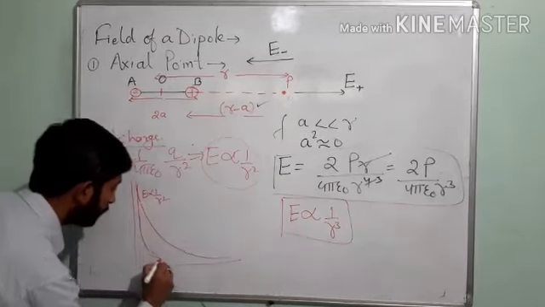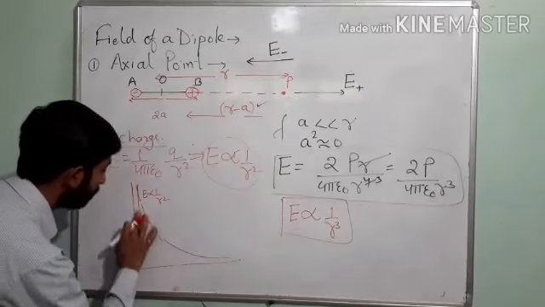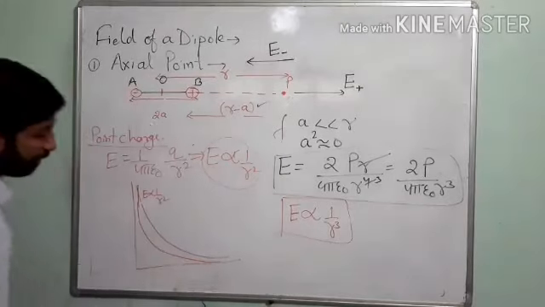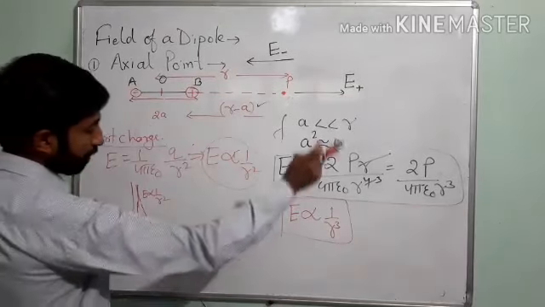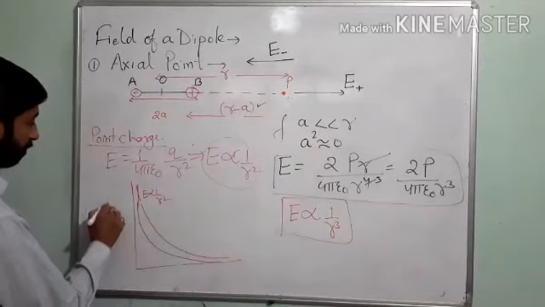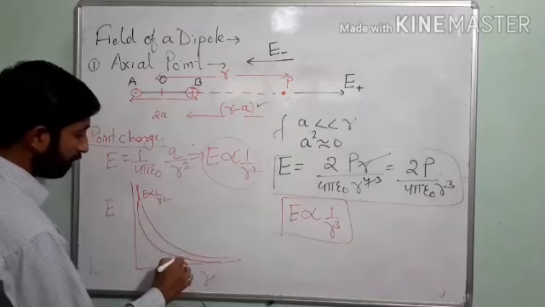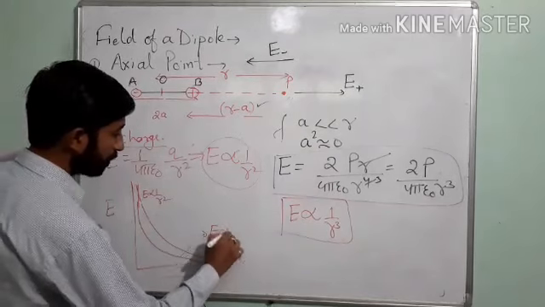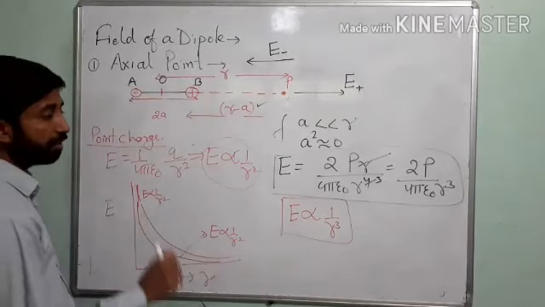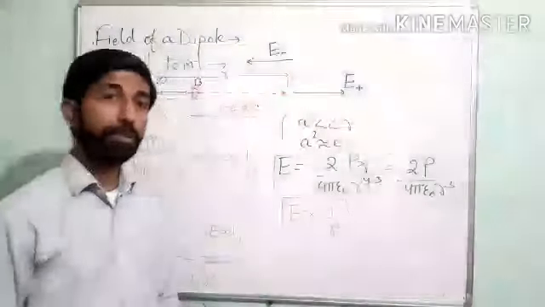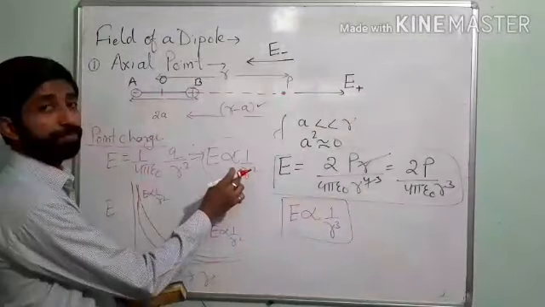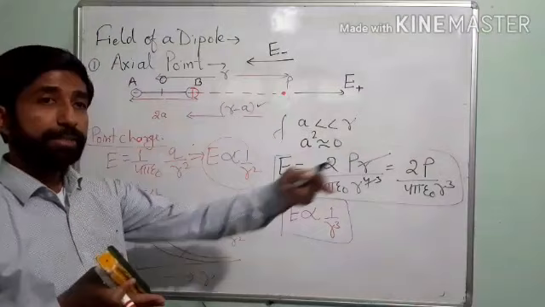It will be more closer to the origin, but finally they will approach to meet the 0 point, but at a larger distance. So this is the electric field, and that is r, and this is E proportional to 1 upon r square. Now from the graph, what we get? Electric field for a dipole reduces more sharply than due to a point charge at the same distances.